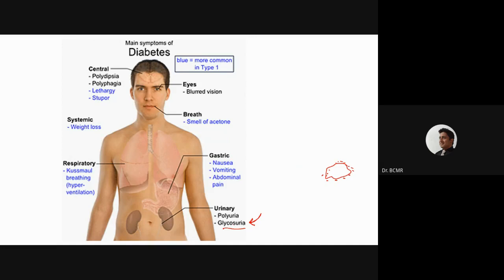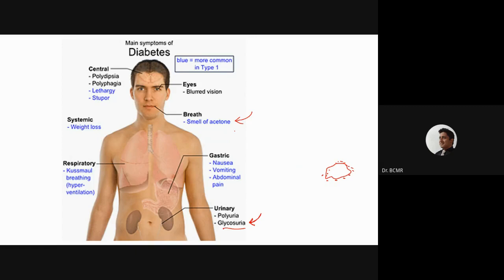So there are a lot of other things. This is one of the points: smell of acetone. The target cells are not receiving enough glucose because they are unable to take up the glucose. It depends on whether it is type 1 diabetes or type 2 diabetes. In type 1, because there is no insulin.